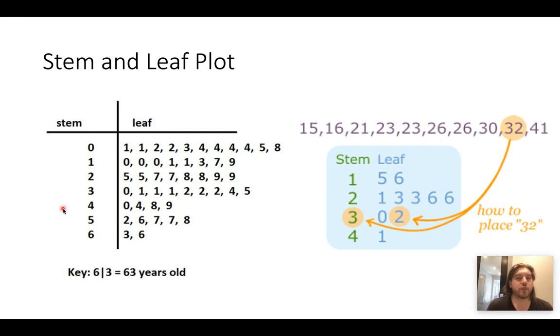So how do you read a stem and leaf plot? We have on the left side our stems. This is age, so our stems are essentially the decades. A stem of 0 would mean a single digit age, from 1 to 9. If something has a stem of 1, that means we're in the tens decade.